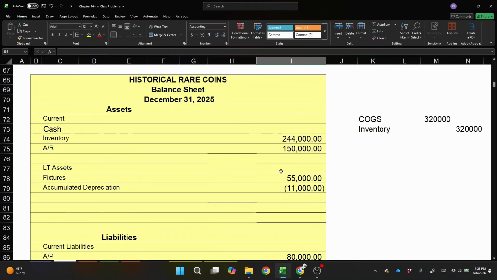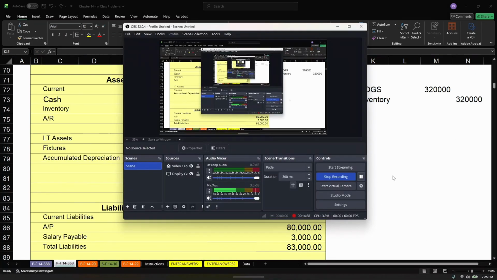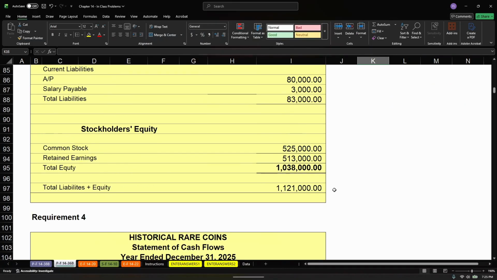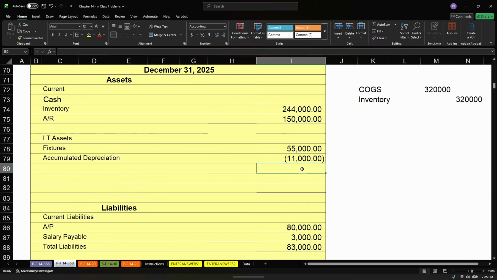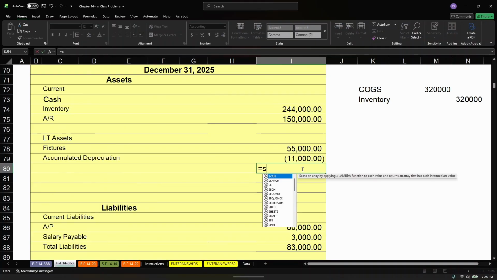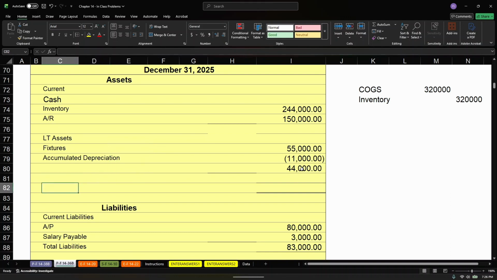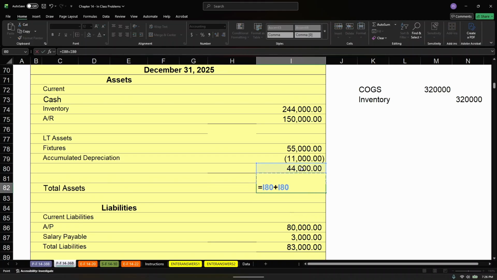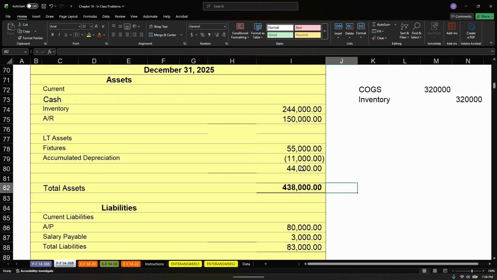So everything is right here. One way to do it is to basically get your total assets exclusive of cash. So right now our total assets is equal to this 44,000 plus this. So right now we are short.